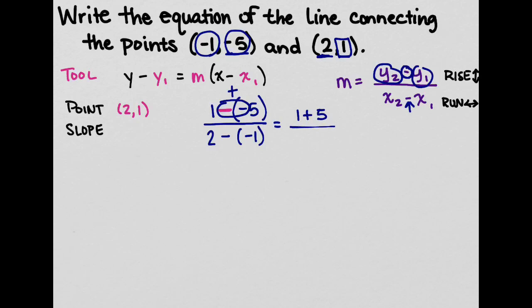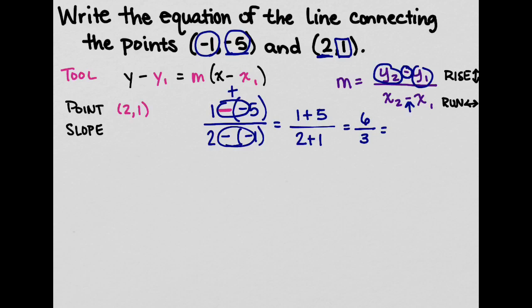I also noticed that a few of you are adding in your slope formula, so I wanted to make sure you saw that was an issue. Sometimes we do add in our slope formula like we are here, but that's because we had minus negative. So I have 2 minus negative, which again turns into plus. My slope is 6 over 3. Another thing I've noticed is that some of you are leaving these as fractions.